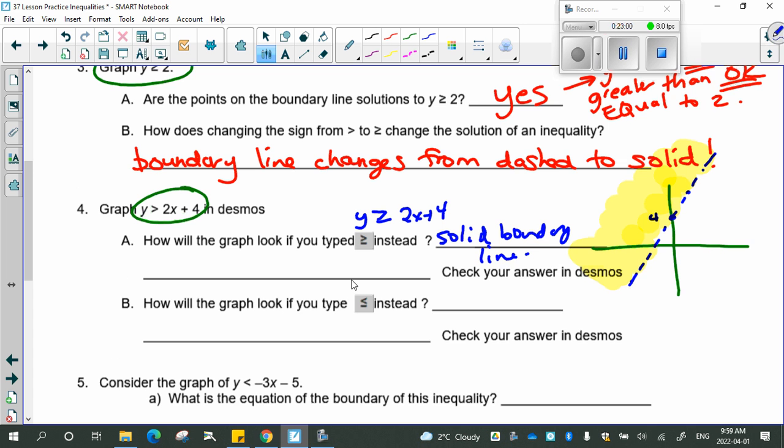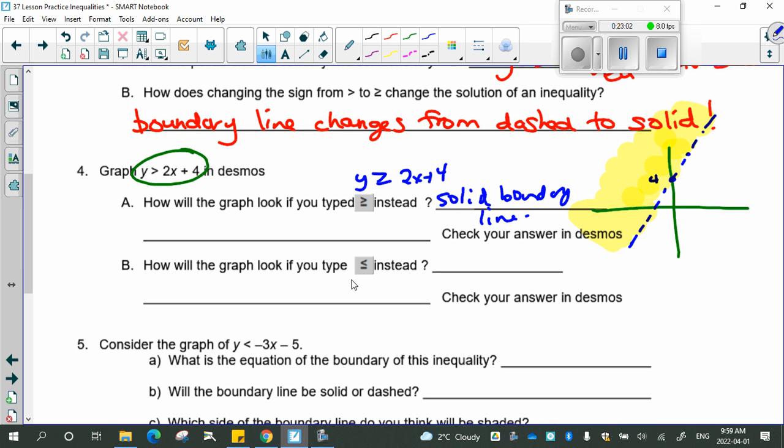All right, how will the graph look if you typed in less than or equal to instead of greater than? Where's the shading going to be? Opposite side. So the shading is going to be down on this half plane. And is the boundary line going to be solid or dashed?